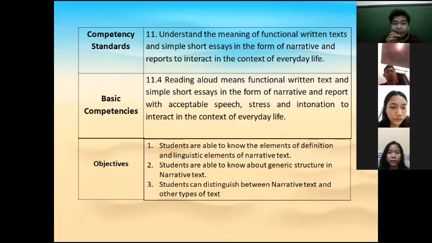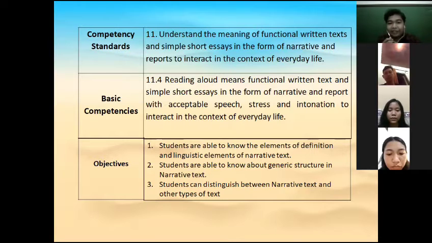And then the objectives: the first is students able to know the definition and the linguistic elements of the narrative text. The second is students able to know the generic structure in the narrative text. And then students can differentiate between narrative text and other types of text.